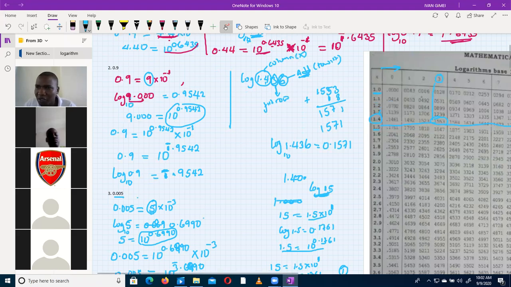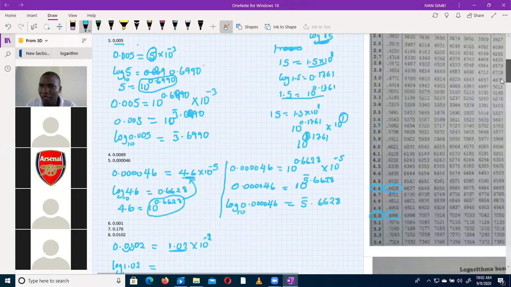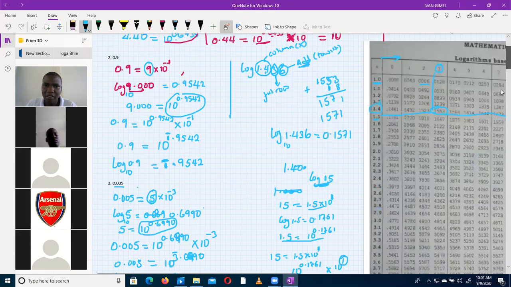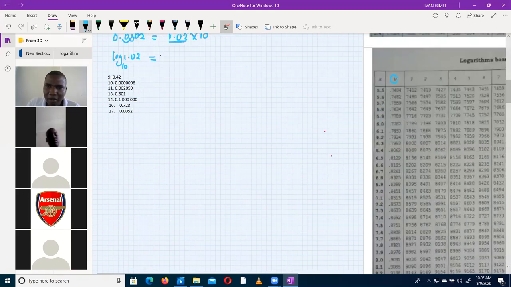So it gives me 0.0086. So I'll come here and say 0.0086. That's what we have.